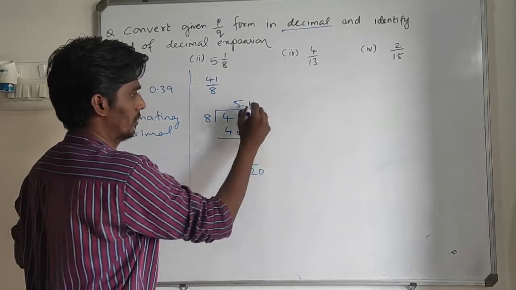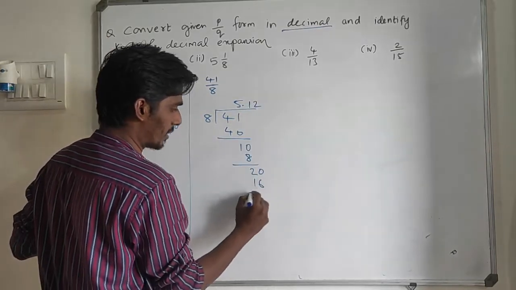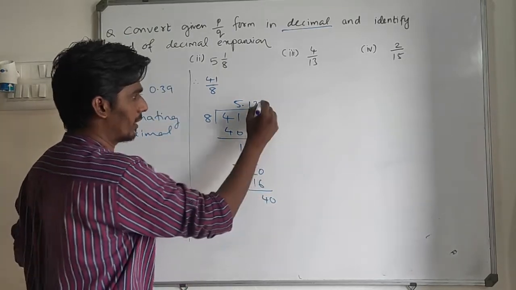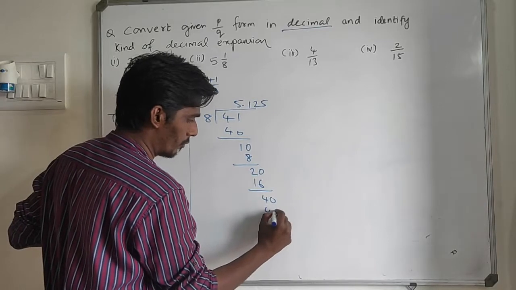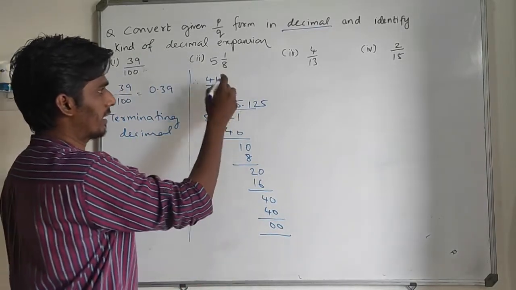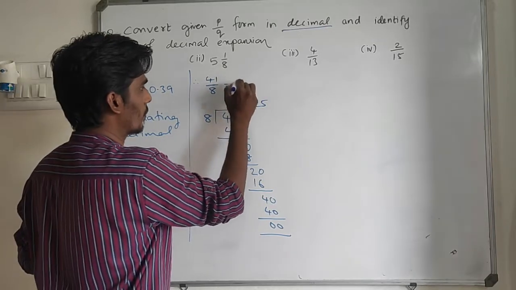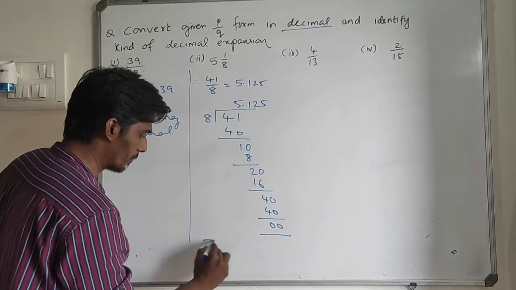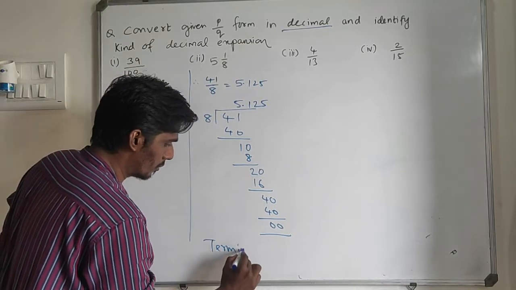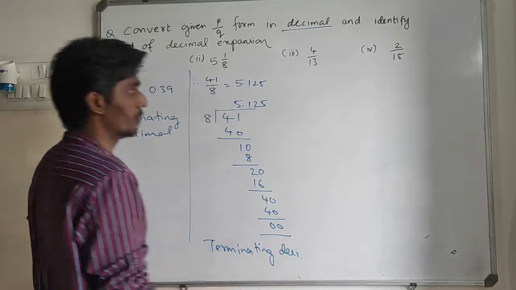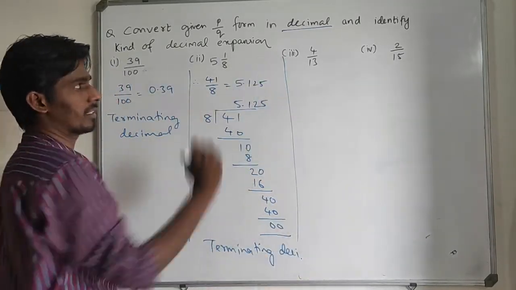Then again 0, 2s are 16, it's 40. 8 how many times in 40? 5s are 40. So we got 0 as the remainder. You can see that its answer is 5.125. So this type of decimal is a terminating decimal.